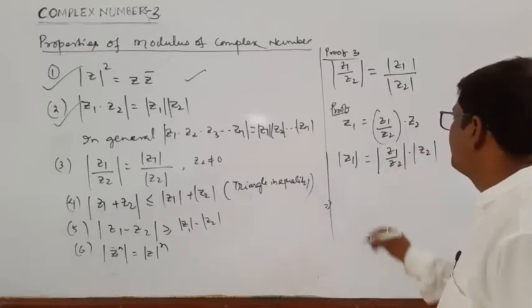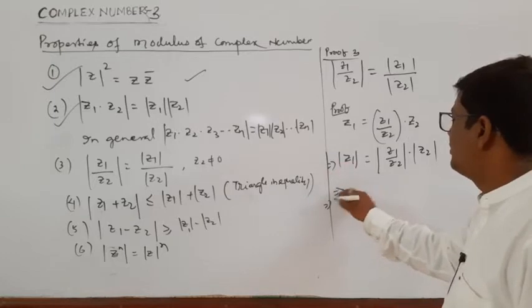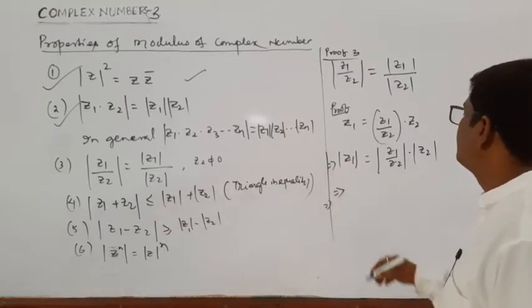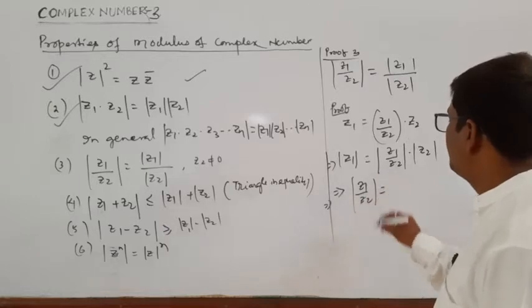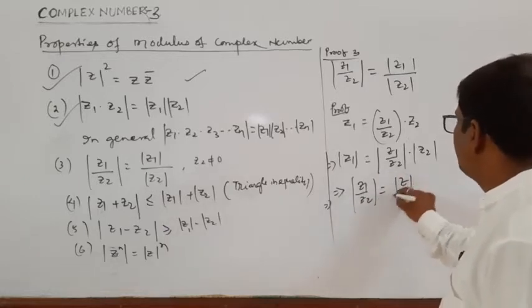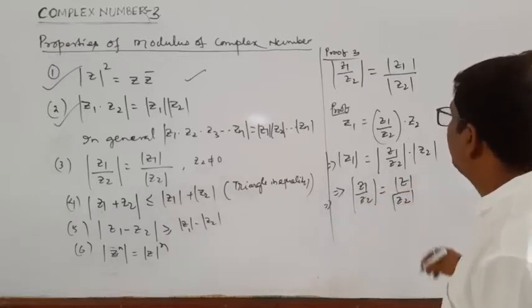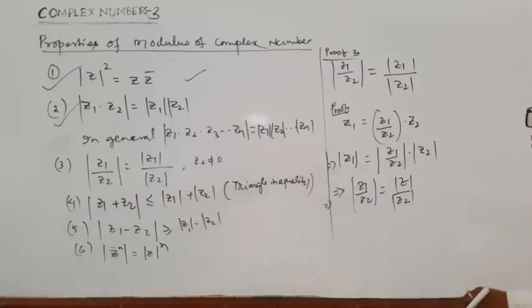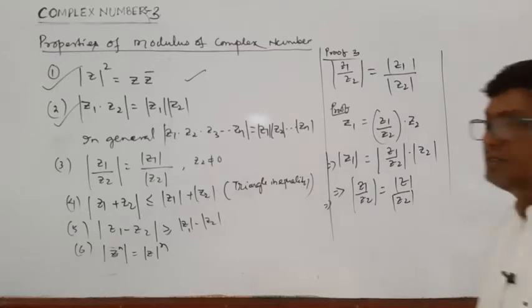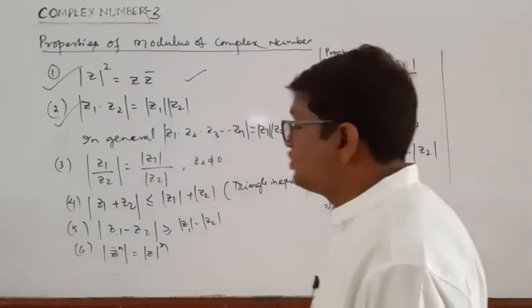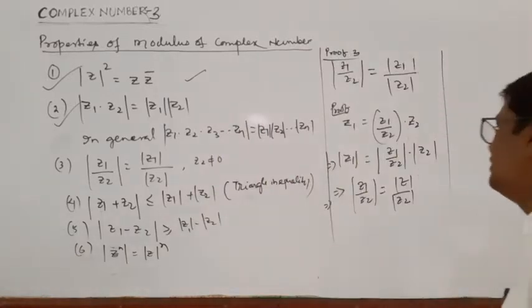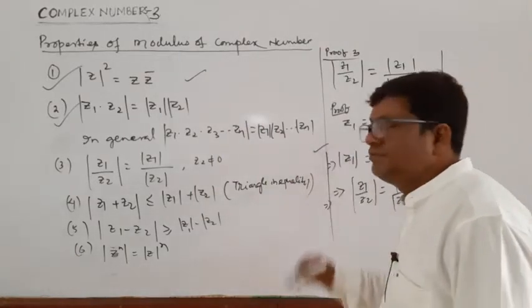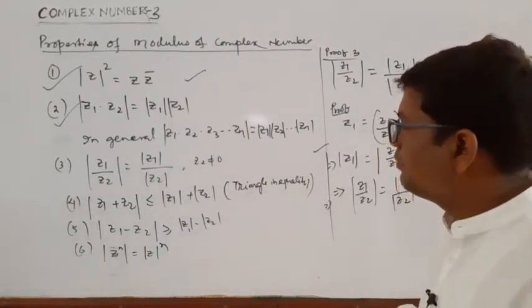That implies mod of z1 by z2 is equal to mod z1 by mod z2. Or you can take z1 equal to a plus ib, z2 equal to c plus id and prove it, but this is a very easy method. Now this is property number 3.